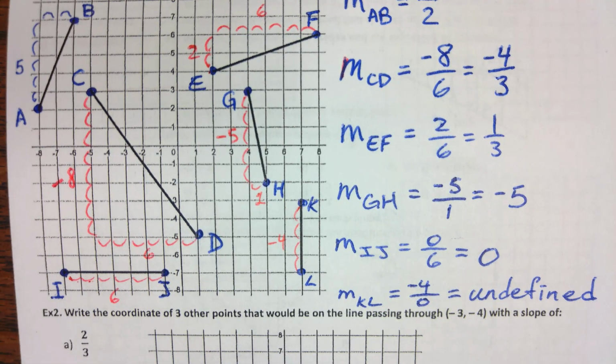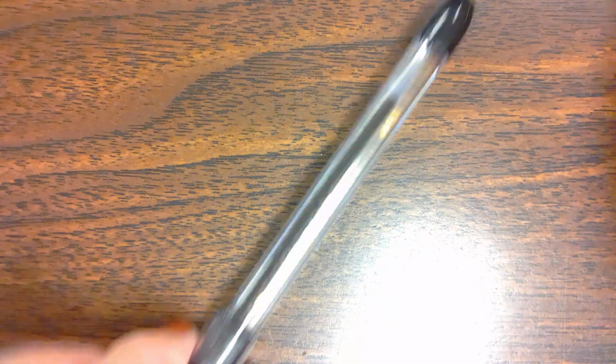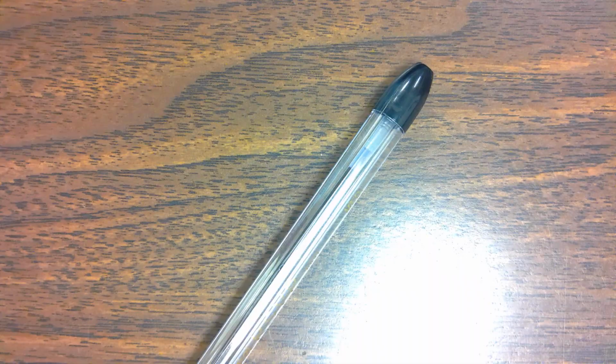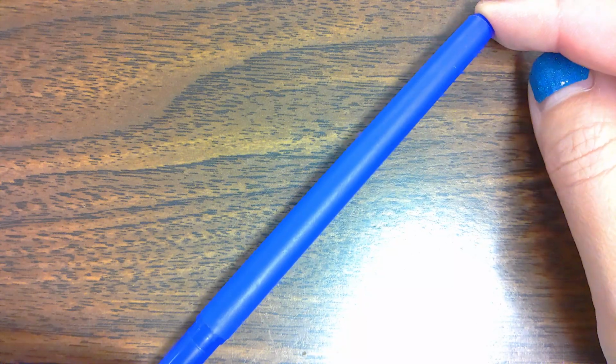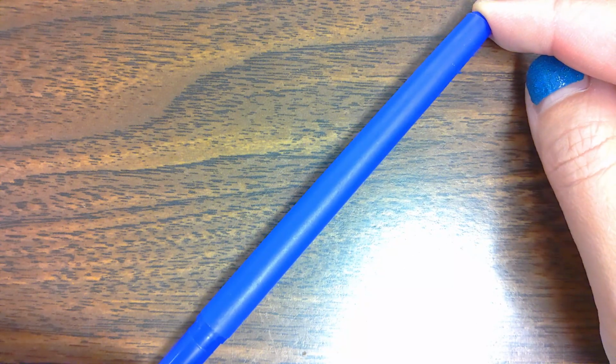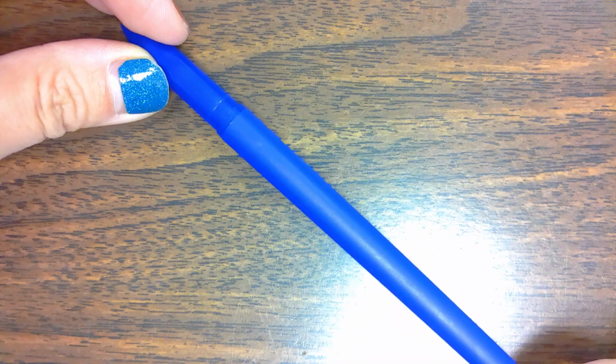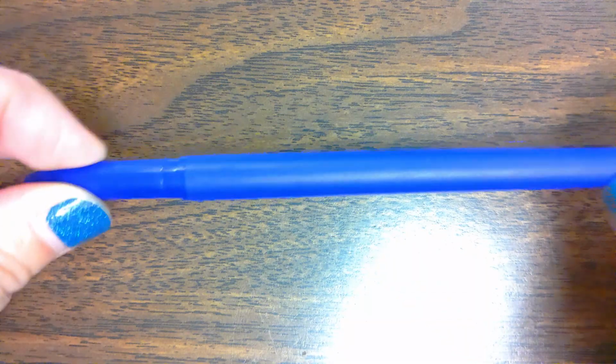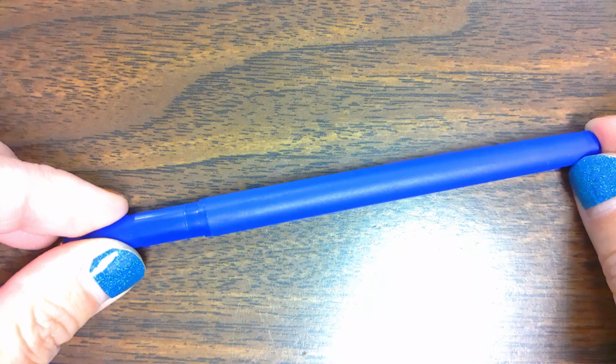So just a quick little recap here first. If I have a line that goes diagonally this way, is it positive, negative, 0, or undefined? Yeah, positive. What about a line that goes this way? Yeah, negative. What about like this, slightly to the right?